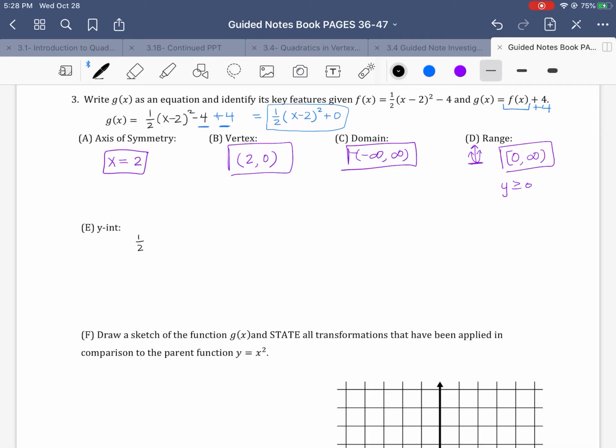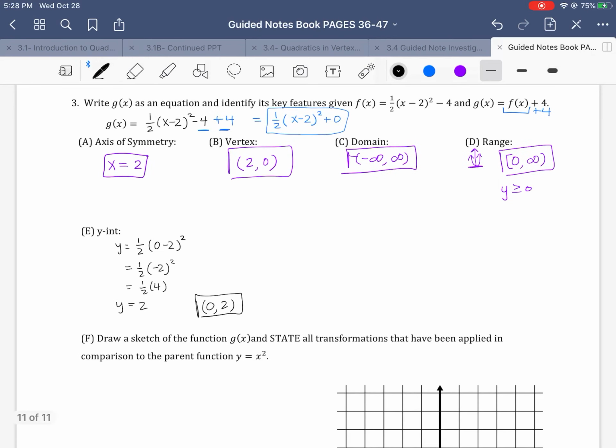And then the y-intercept, we just take that original equation, 1/2. I'm going to put y equals, so I remember that's what I'm solving for, and I'm going to put 0 in for the x value. I'm going to leave off that plus 0 because I don't really need it. So 1/2, I get negative 2 squared. 1/2 times 4 is 2. So 0, 2 is the point where it would cross the y-axis.